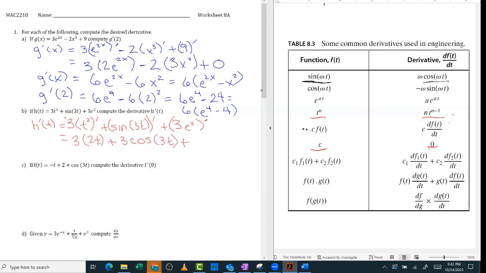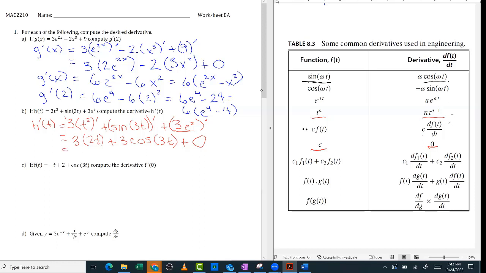Last, I have 3e squared. 3 is a constant, e is a constant. E is always going to be the same. So that means that e squared is also a constant. If I square 3, I still have a constant. If I square e, I still have a constant. This entire term here is a constant, and the derivative of a constant is 0.